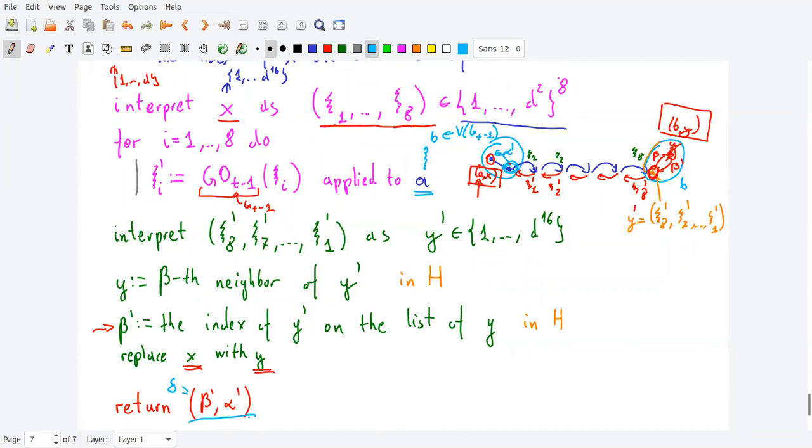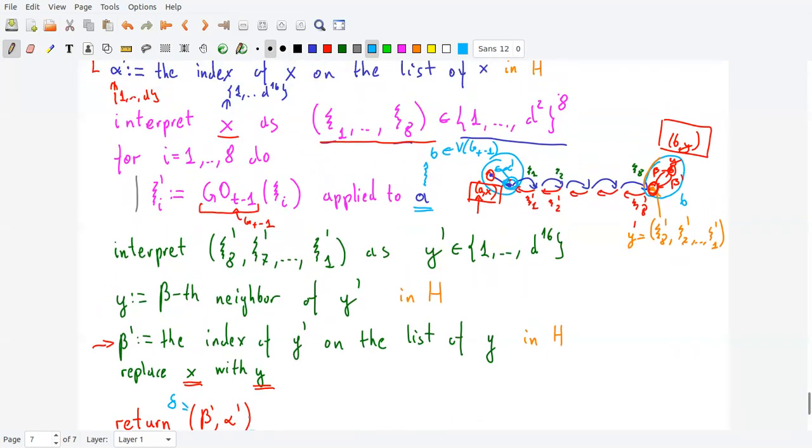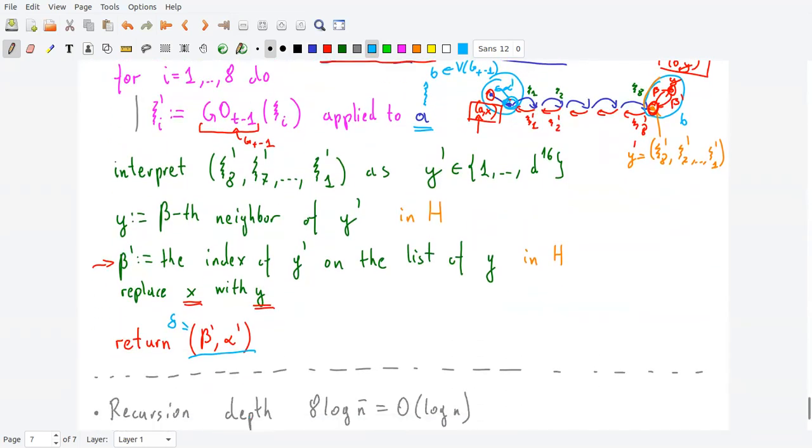Good. So all in all, how much space did we use in this algorithm? The depth of the recursion is L, because we start with GL and then we recurse on consecutive go operations every time, making this T1 smaller.